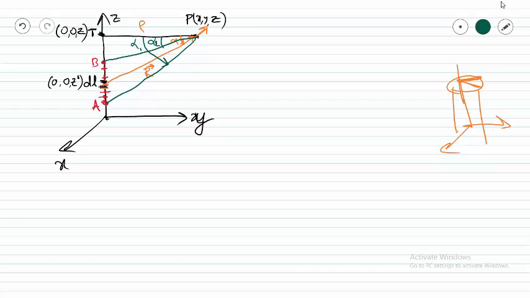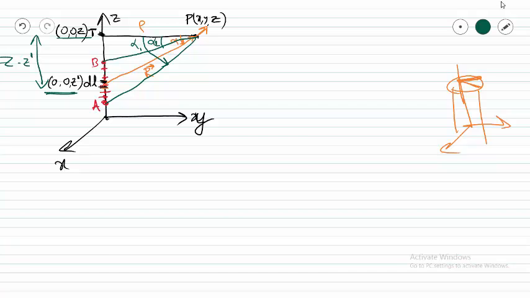One more thing is the distance between these 2 points, 0 comma 0 comma z dash and 0 comma 0 comma z. So this distance is z minus z dash. What we have done is we have considered a finite line charge distribution on the z-axis from point A to point B, and dl is the differential element of length with its reference point as 0 comma 0 comma z dash.